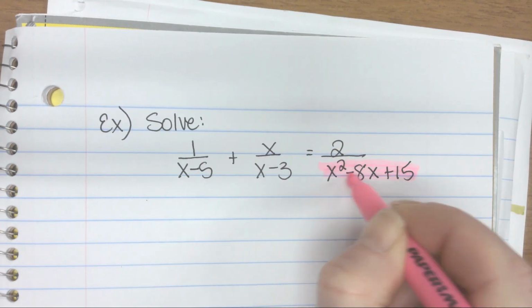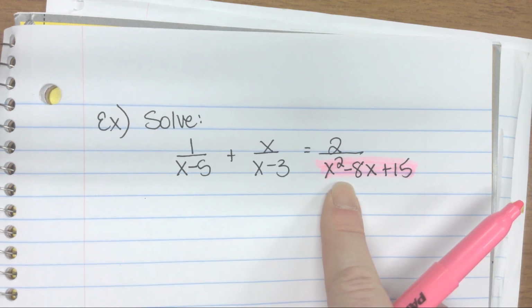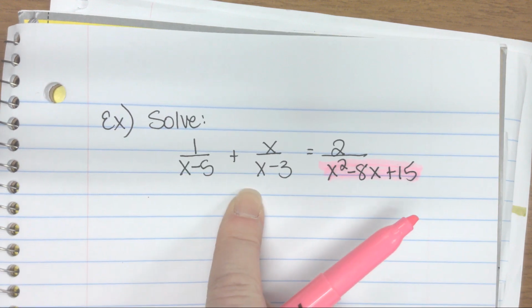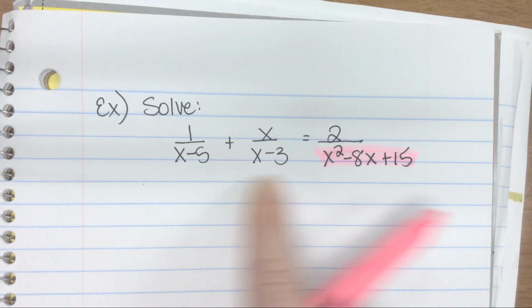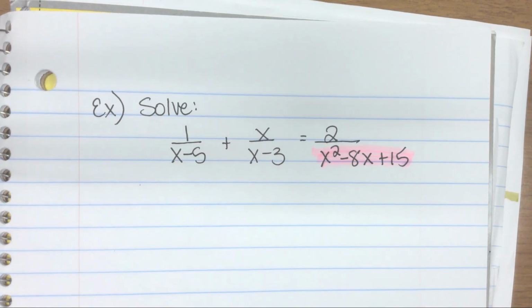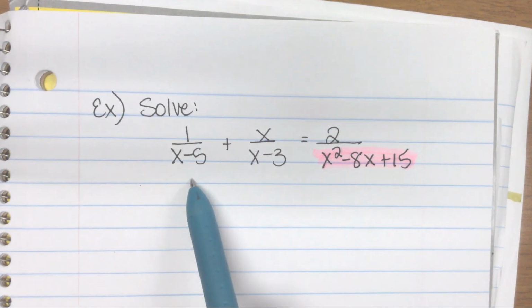Once again, I'm going to have you notice that over here, I can factor that. And lo and behold, guess what it factors into? What multiplies to be 15 adds up to be negative 8? Negative 5 and negative 3, which is what we see, those two factors on this side.